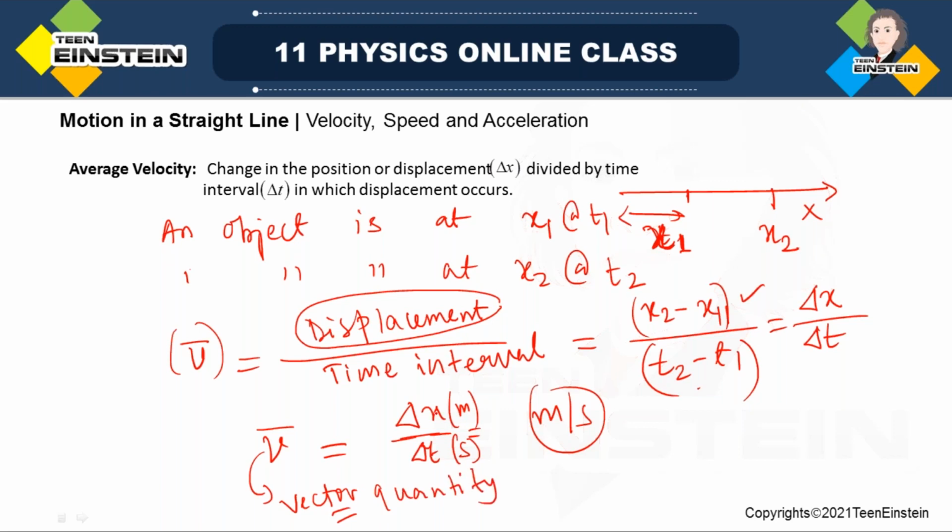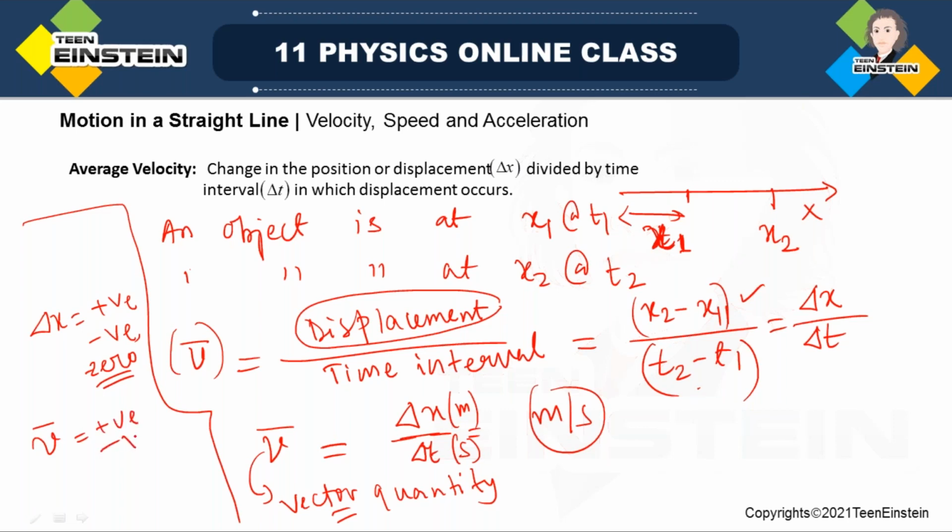Why? Because the displacement is a vector quantity. If that is a vector quantity, it has both magnitude and direction. We have also learned that displacement can be positive or negative, and sometimes zero. So does average velocity.